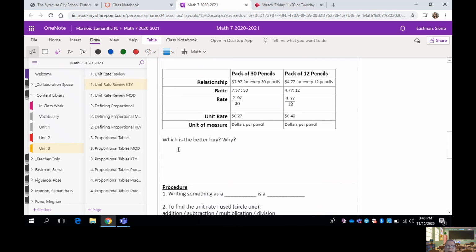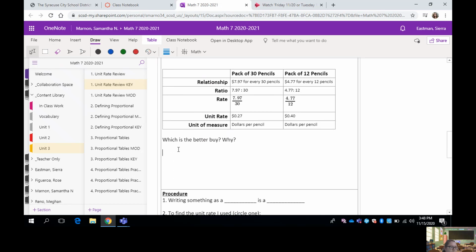And then we can answer the question of which is better and why, right? Because we have this unit rate and we saw that even though these are more expensive at first, you're getting more pencils for this cost each one. If you buy the 12 pack, it looks cheaper at first, but you're actually spending more money on each pencil. When I explain this here, maybe I'll say the pack of 30, better buy, a better deal, right?